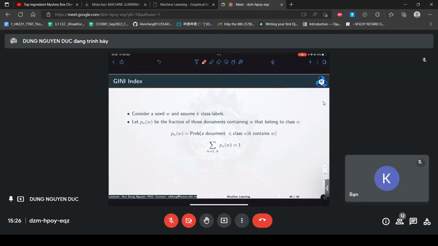So they say, let's say in your text you have a word W and you have K class labels. Now, p_n(W) is the fraction of the documents containing W that belong to class n.